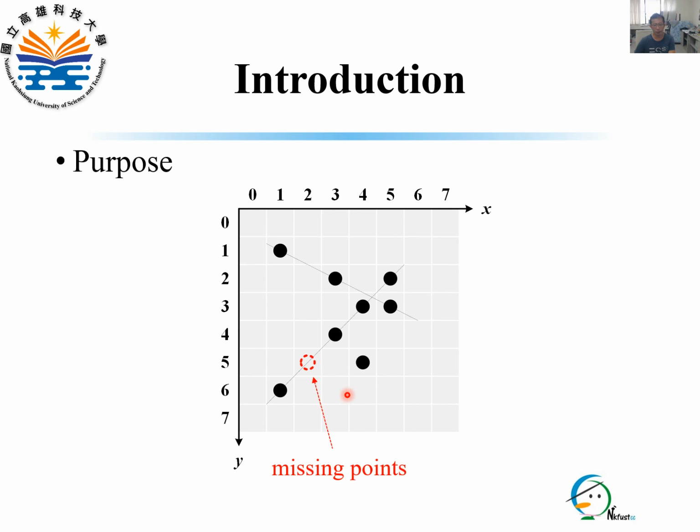In this example, the edge detector may miss detecting this boundary point, namely missing point. For detecting this line, these three green points located in the other line are called extraneous points. This non-boundary point, but detected, is called noise.